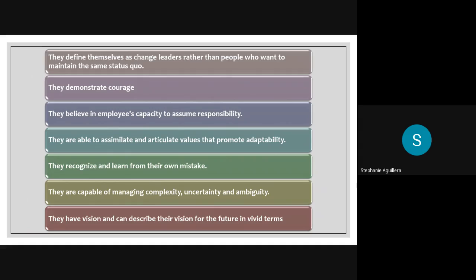They recognize and learn from their own mistakes. They are capable of managing complexity, uncertainty, and ambiguity. They have vision and can describe their vision for the future in vivid terms.